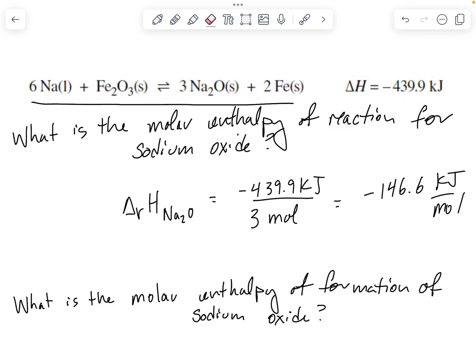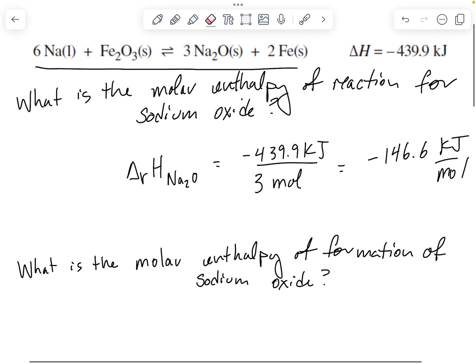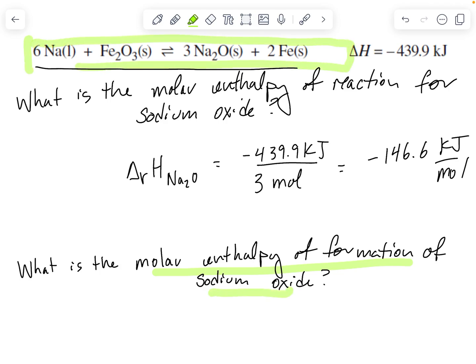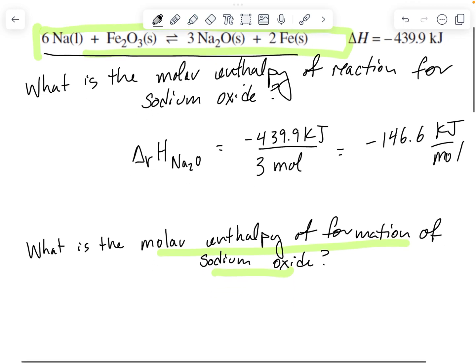But another kind of question that could use the exact same information is, what is the molar enthalpy of formation of sodium oxide? Now, this is asking for molar enthalpy of formation, and this is not a formation reaction, right? So if it's asking for molar enthalpy of formation, and it's not a formation reaction, then I'm going to need to use Hess's law.